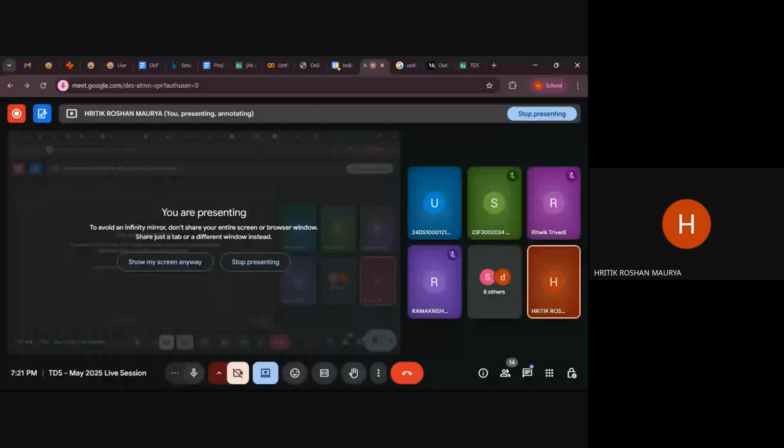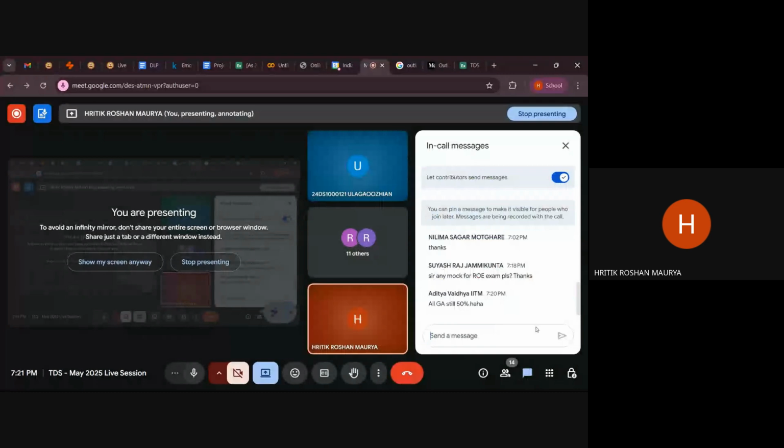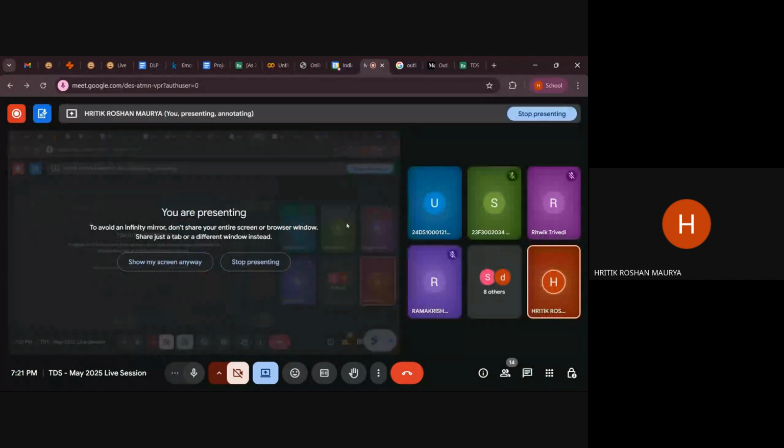Maybe 70% of the same GA questions you might get, but the data will be different. But there might be a surprise for you also. So I cannot say anything about the ROE. The questions are not set.